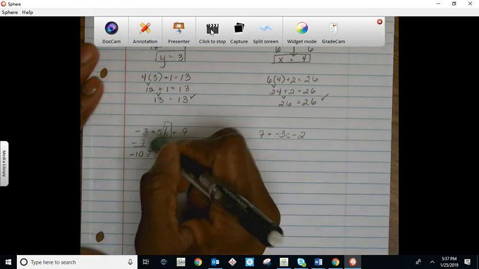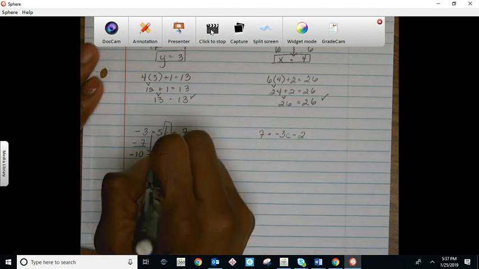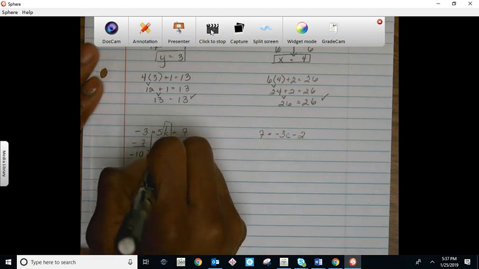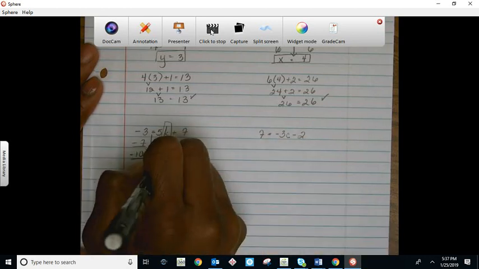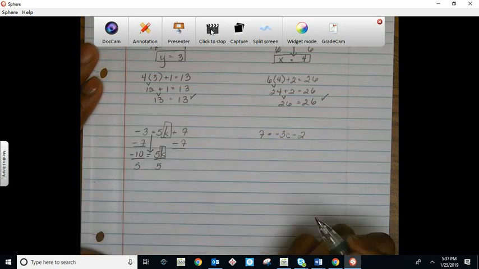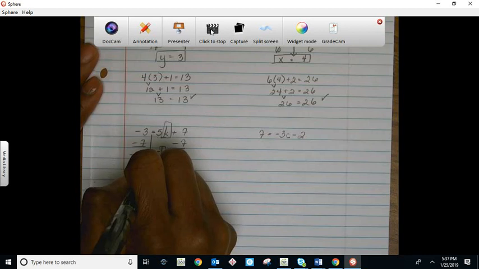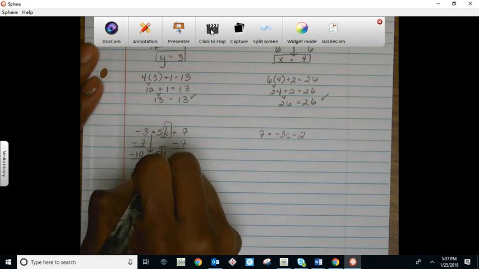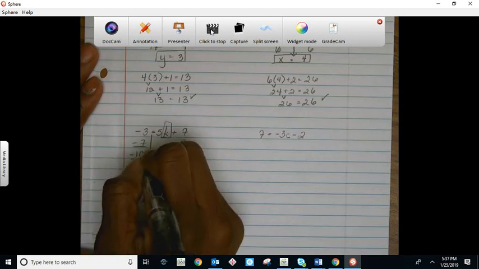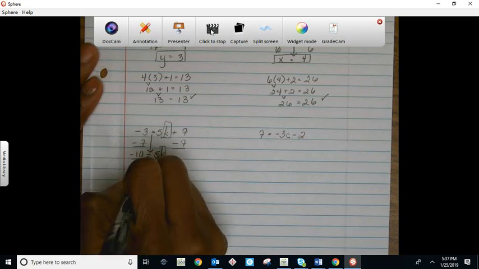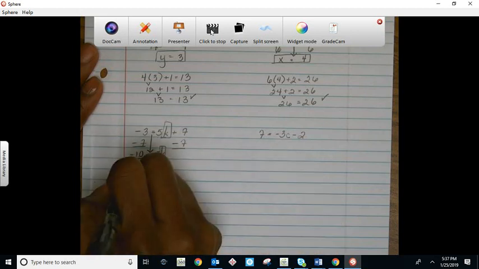Keep the same sign and find the sum. Alright, there we go. We'll go ahead and divide both sides by 5. This is going to be my k. Negative 10 divided by 5 is a negative 2. Remember your sign. Be careful.